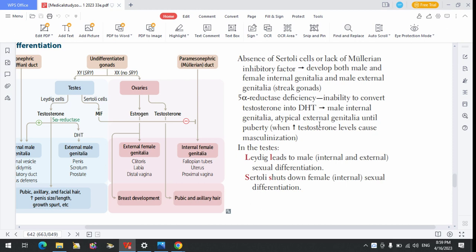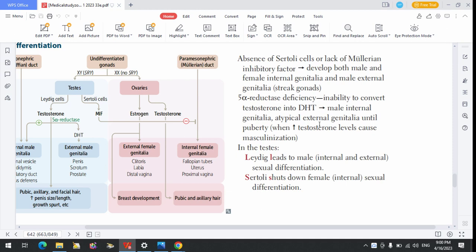You know that you are going to form those external genitalia first. Then at puberty, some changes happen to that external genitalia. They start to lengthen and increase in size. So testosterone later can stimulate the atypical external genitalia and move it towards the male version with time after puberty.